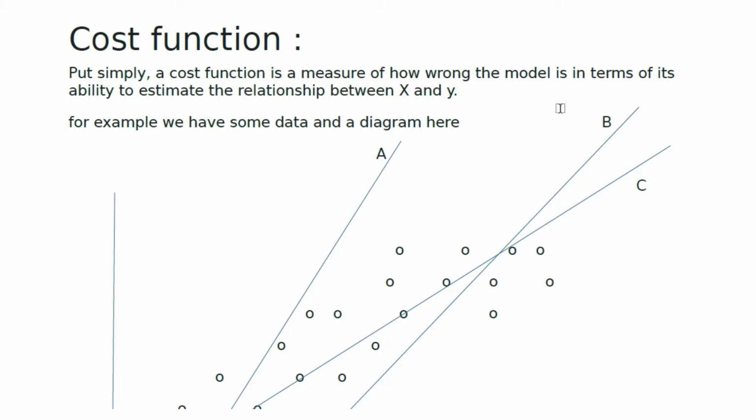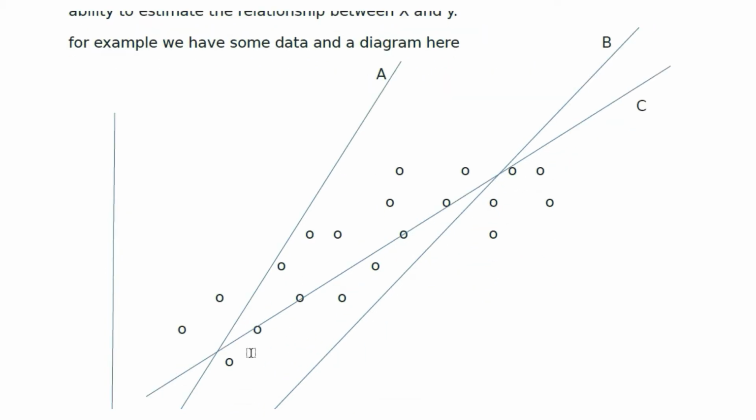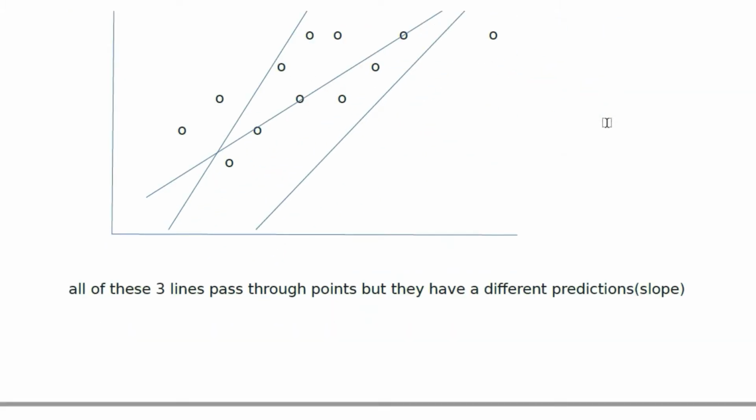So here we have three lines, A, B, and C. We can see that B is better than A because it can cover more data than A. But C is better than B because it can cover most of the data. So if you calculate the cost function of three lines, you can understand that the cost function of C is the least one.